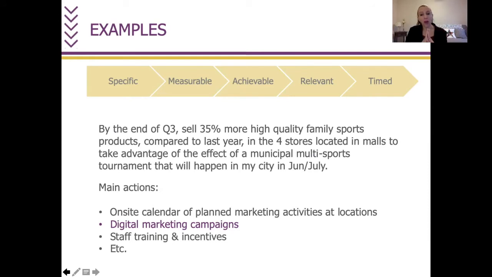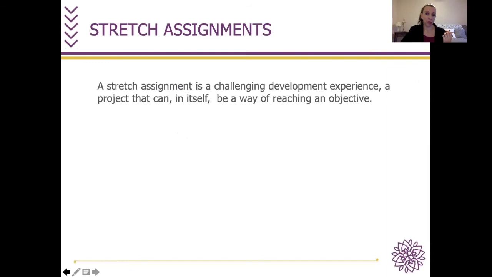And I'm going to come back to that in a second because I want to talk a little bit about stretch assignments. So stretch assignments, usually different organizations use them in different ways. I have used them as part of the talent management programs as a way of developing high potentials.